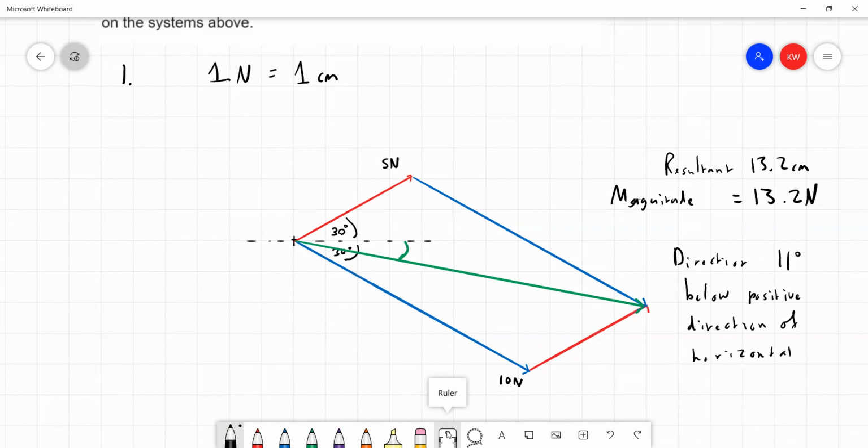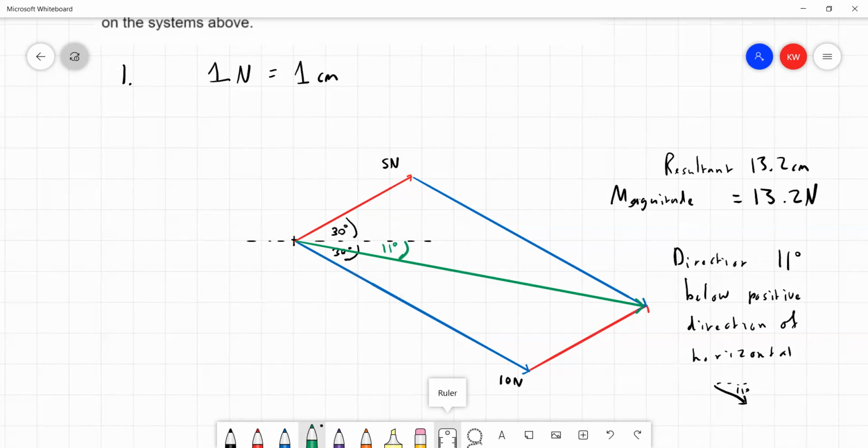Or for short, you could draw something that looked a bit like this. A dotted line with a line below it. If we mark it clearly in our diagram, then that's all okay. What we want to make sure is that we've given both a direction for our resultant and a size for it as well.